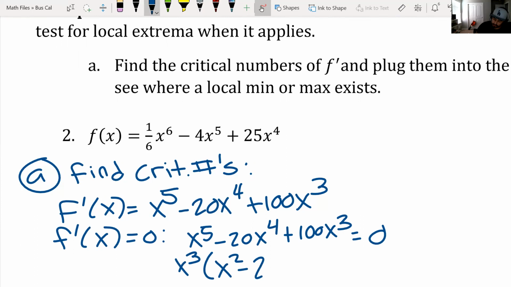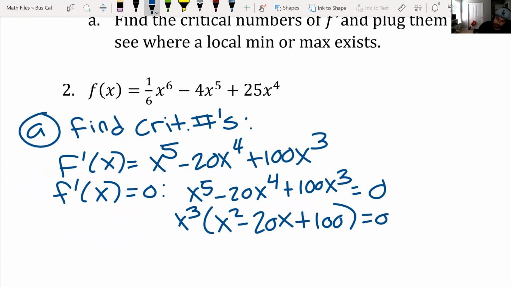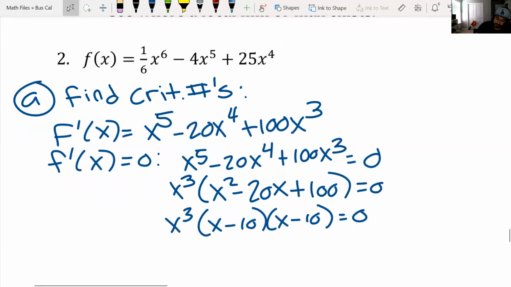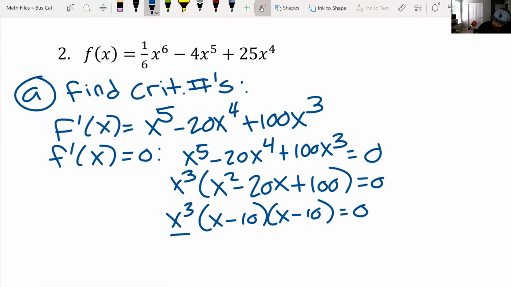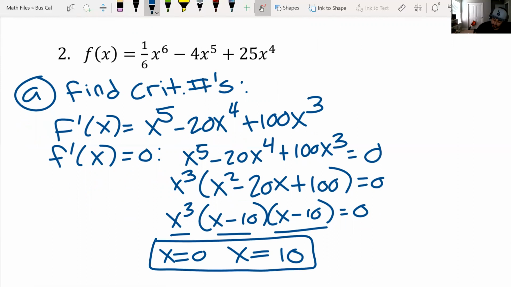You get x squared minus 20x plus 100. And then factor some more. And set these equal to 0. You get x equals 0 and x equals 10. I'm only going to write 10 one time because it shows up twice, right? So that's it. These are the crits, right? Critical numbers.